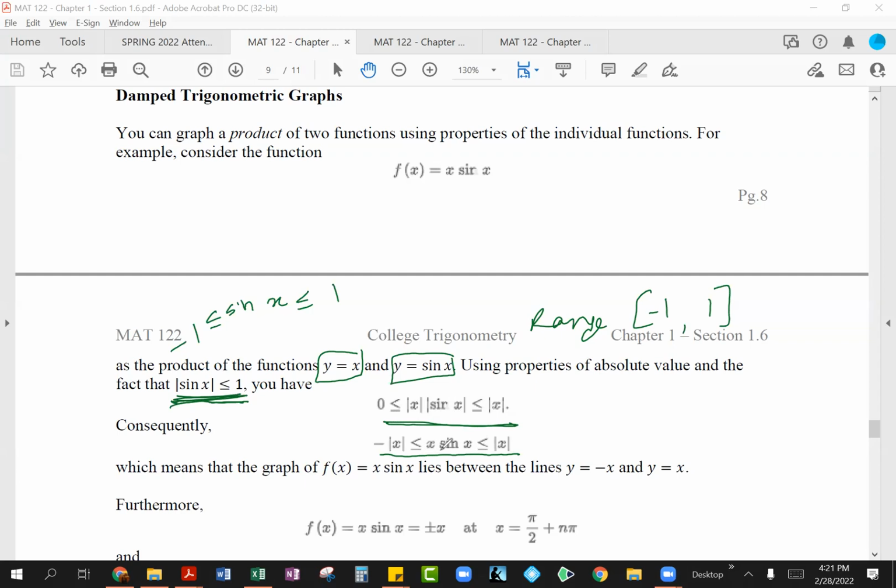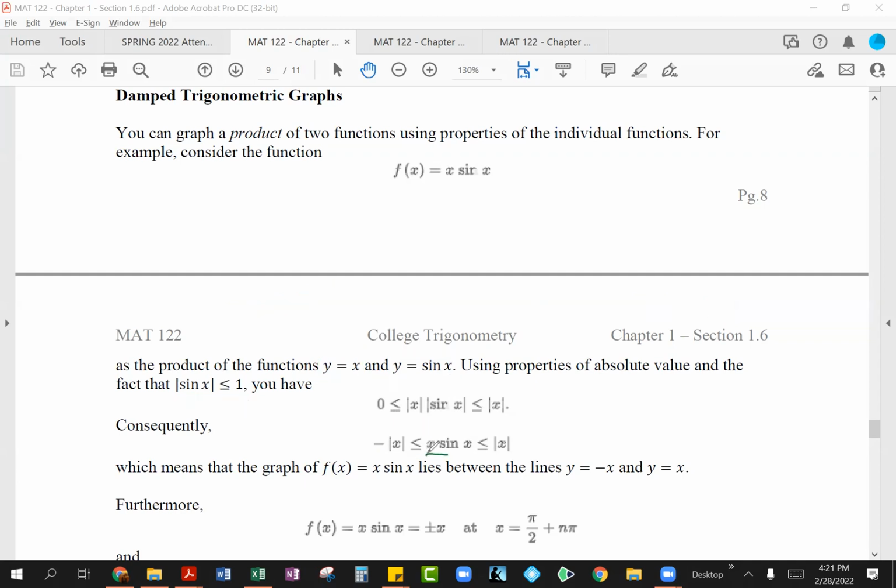So we're basically saying your x times sine of x is going to be sandwiched between the absolute value of x and negative absolute value of x, which basically means it's going to be between these lines of negative x and positive x.